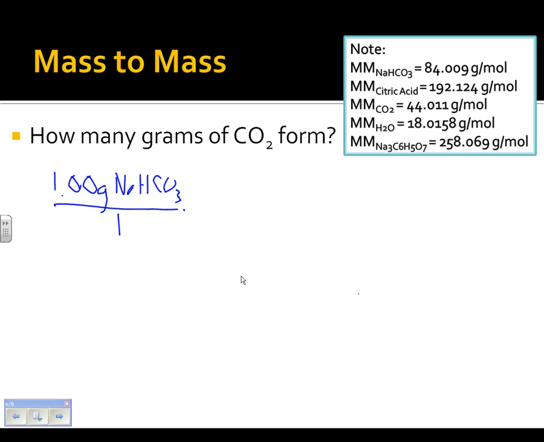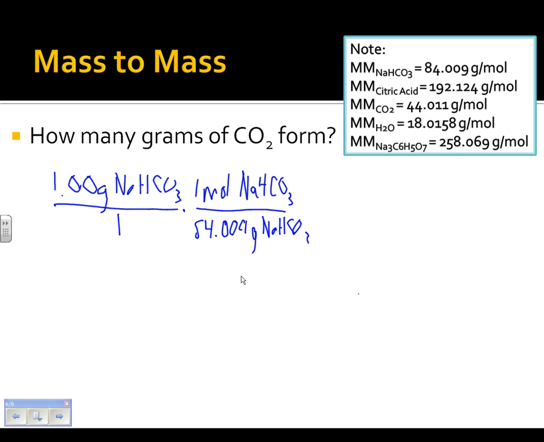Then we're going to multiply by 1 mole of sodium bicarbonate over its molar mass, which is 84.009 grams. Make sure you write the whole label.